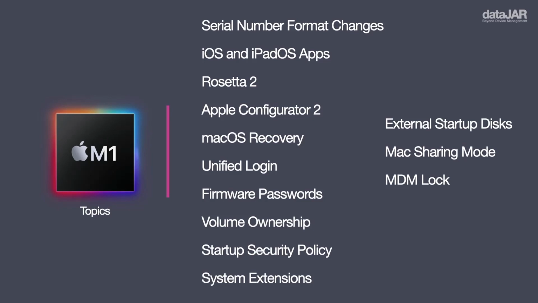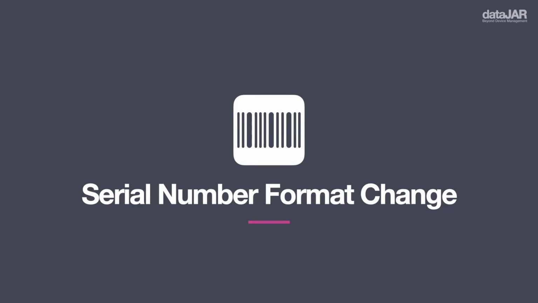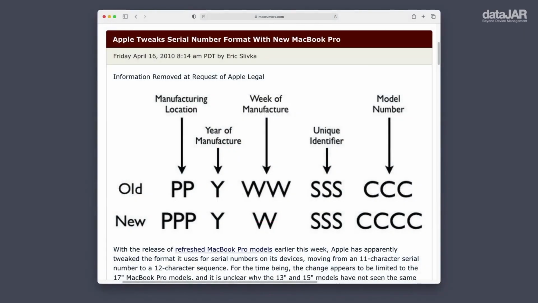So let's get going. First of all, back in summer, Apple announced they'd be changing the format of serial numbers. Way back in 2010, Apple went from an 11-character serial to a 12-character serial. Now, the thing that's always been available, that's been kind of an issue or been helpful maybe, depending on which side of things you're on, is that serial numbers have always been able to ascertain some details of the device.